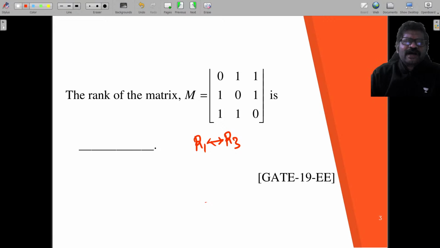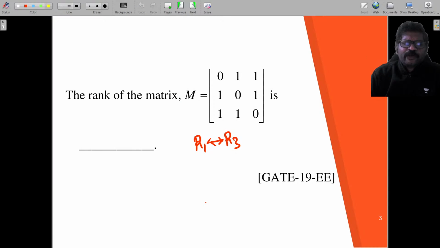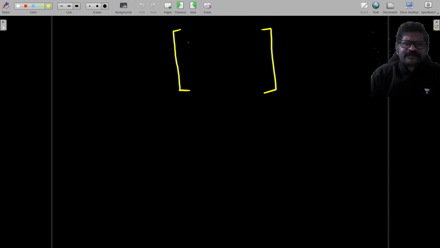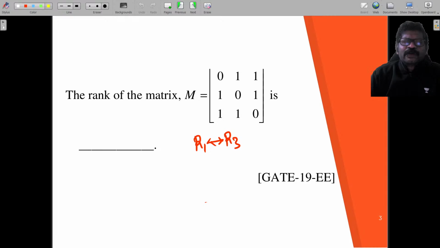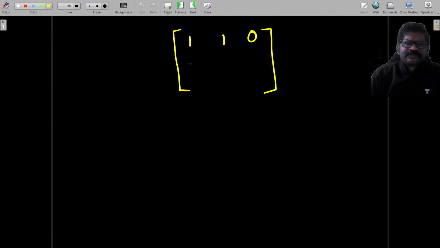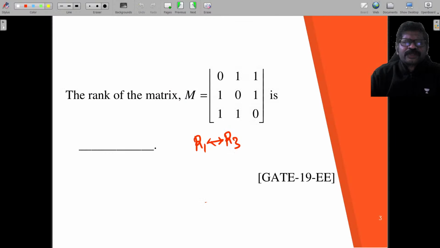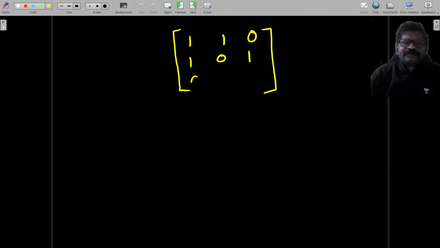If I interchange R1 with R3, I'll get 1, 1, 0, 1, 0, 1, 0, 1, 1.